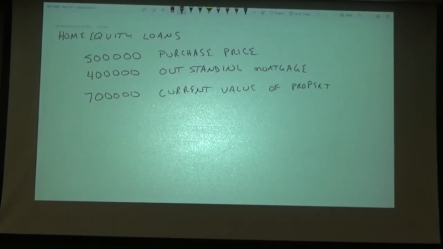Would that be market value? Market value. Okay. And you can have a total debt ratio of 75%.